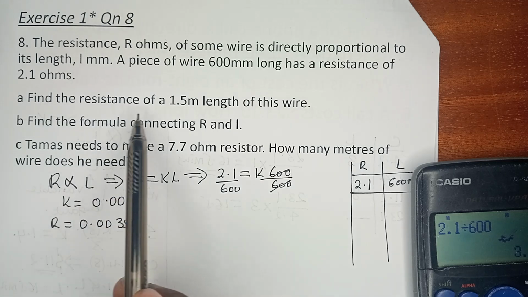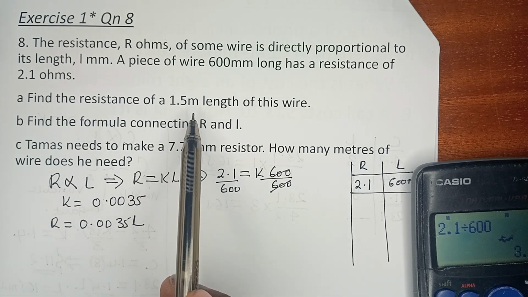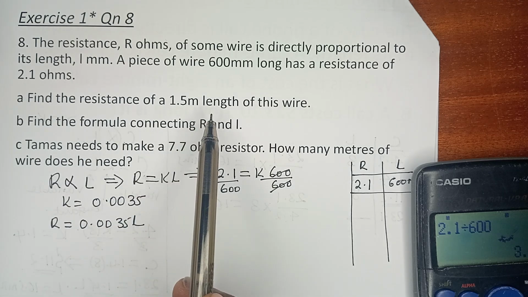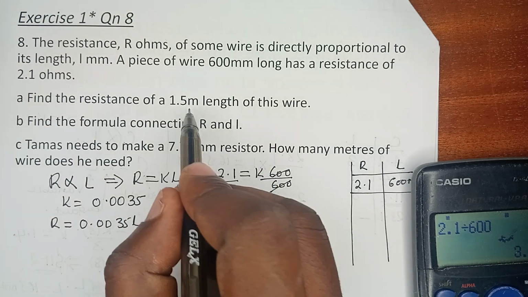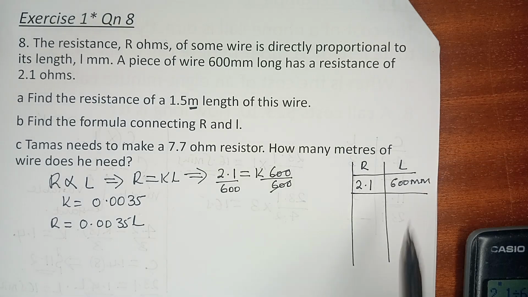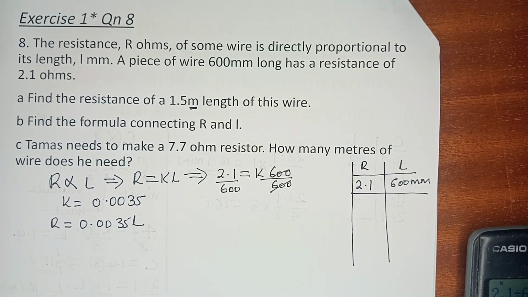Find the resistance of a 1.5 meter length of wire. Remember, these are meters and we have worked with millimeters. So by all means, we have to establish how many millimeters are in 1.5 meters.